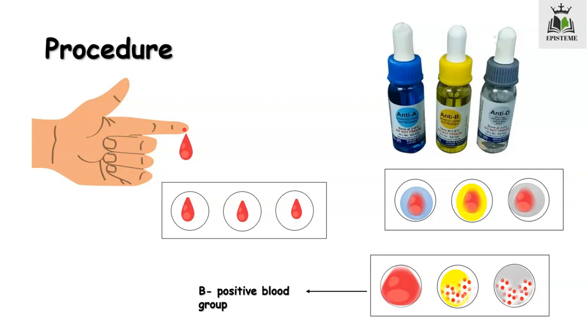And anti-D will determine the presence or absence of the antigen D. It has antibodies for antigen D. If antigen D is present, then it will agglutinate, and if not, the blood will remain normal. So you see the agglutination is in the B and the D circles. As a result, we can say that the blood group is B positive.